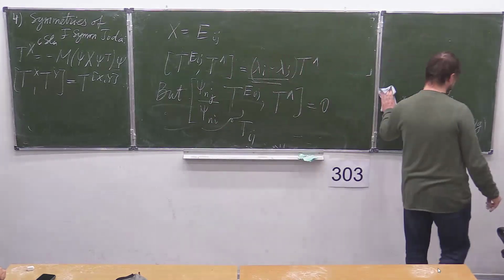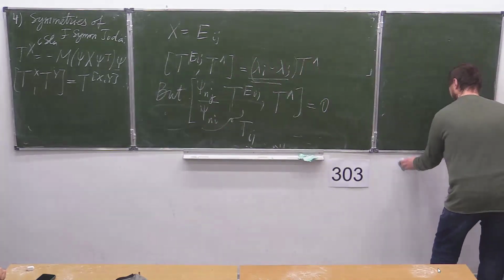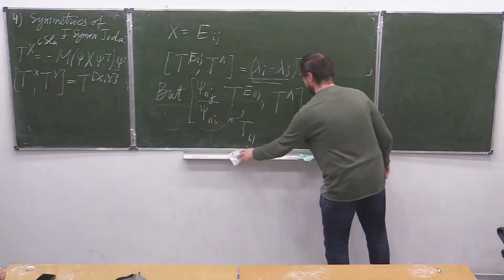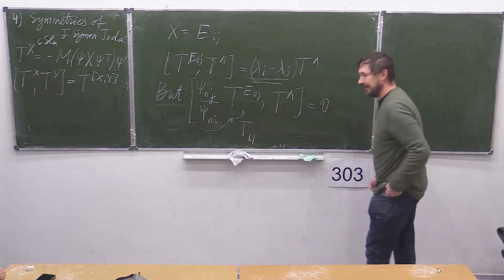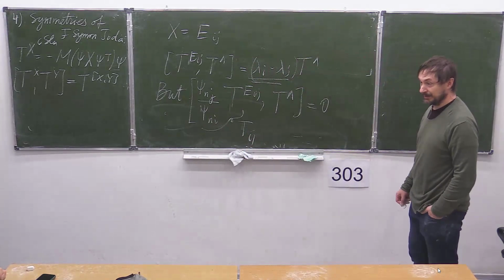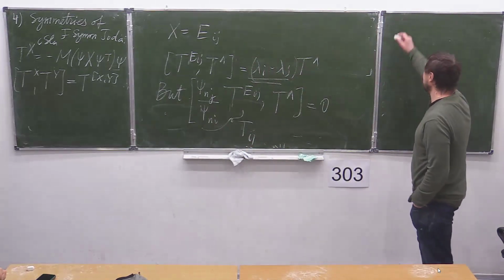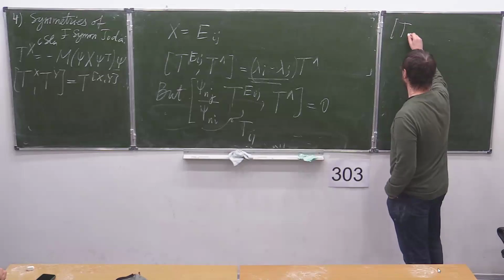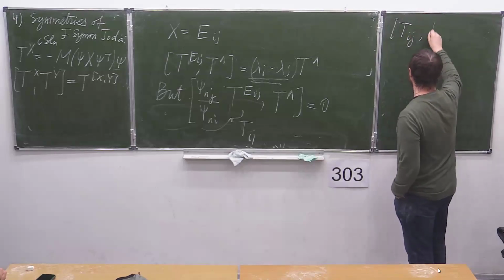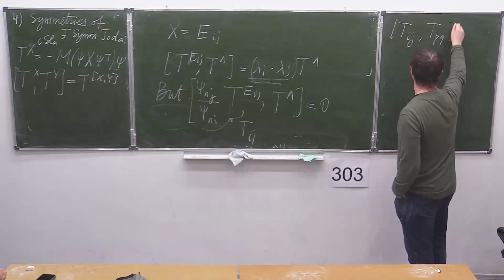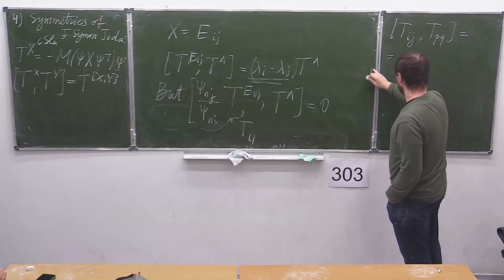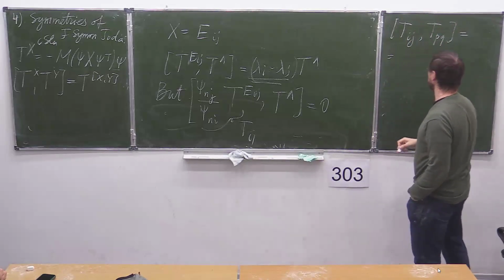So it is remarkable that the Tij give you a Lie algebra of vector fields. It's a finite dimensional Lie subalgebra, because you have the following commutation relation. Quite interesting. Well, I hope I will not mix the signs.